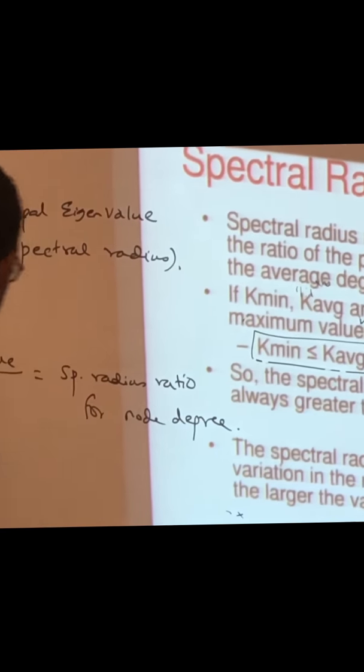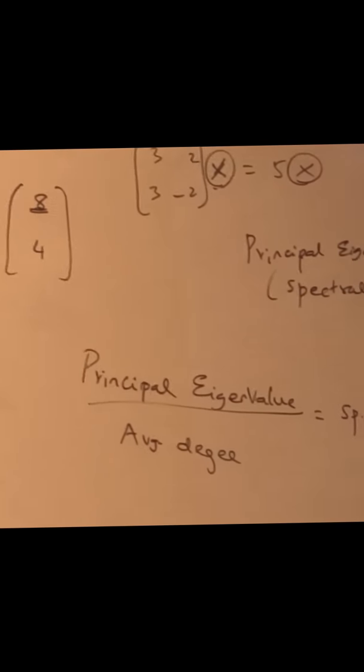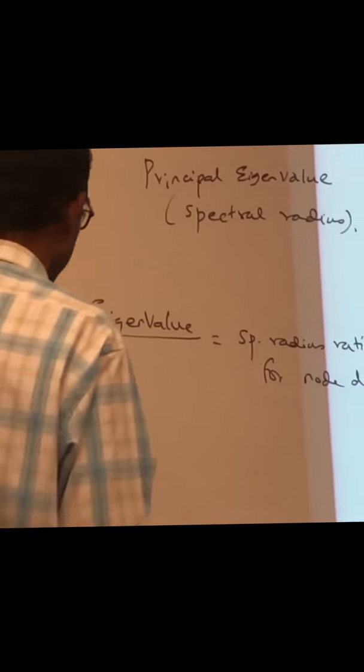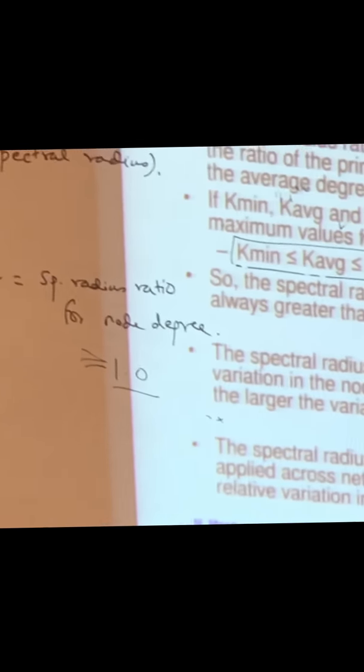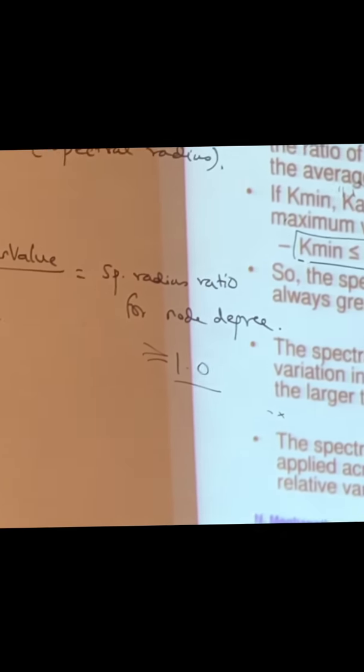So the ratio of the principal eigenvalue to the average degree is always going to be greater than or equal to 1. Is that clear? Because the principal eigenvalue is greater than or equal to the average degree.